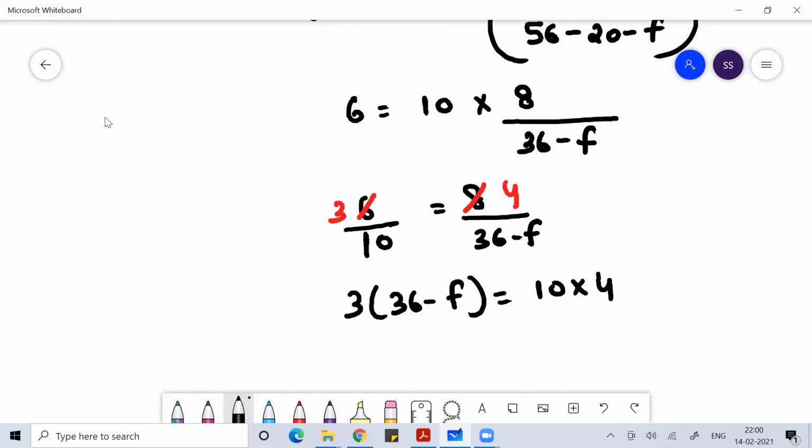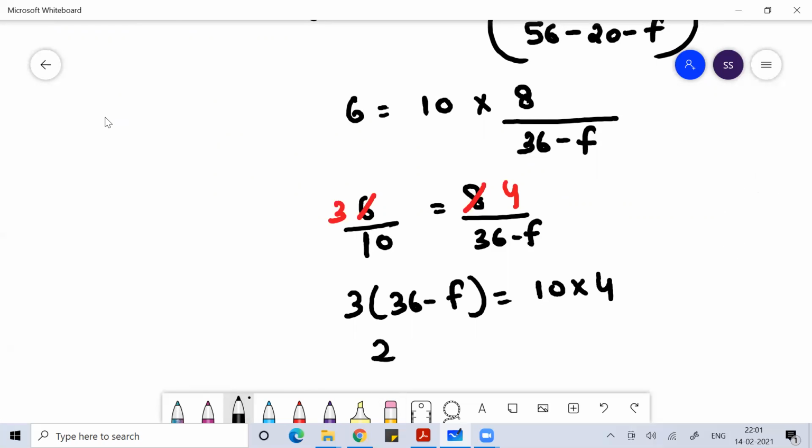3 into 36 minus f is equal to 10 into 4. So 36 threes are 216.